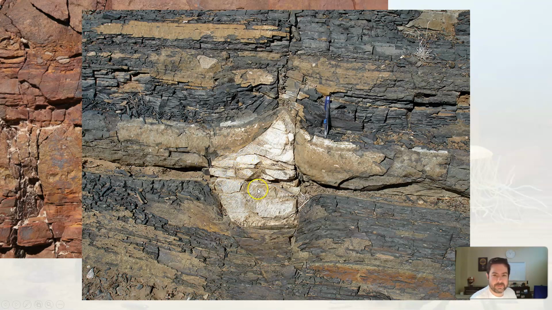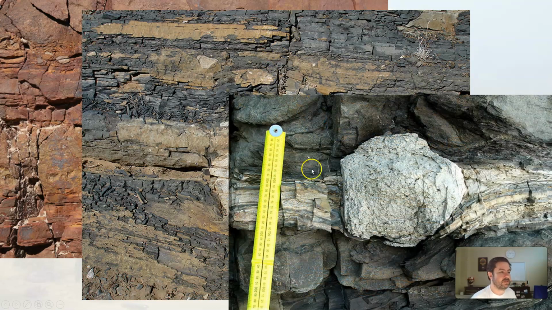So again, these are drop stones that fell out of icebergs into very small-grained sediment, and then as it continued to bury, those layers formed around it, but you get these random stones plopped there in the middle. So those are all drop stones that indicate icebergs, which break off of glaciers. Those are all your evidence of glaciation.